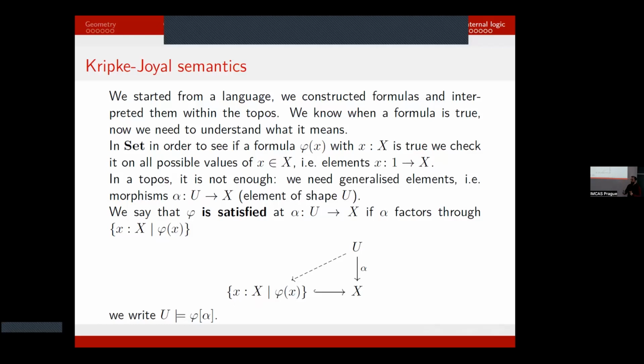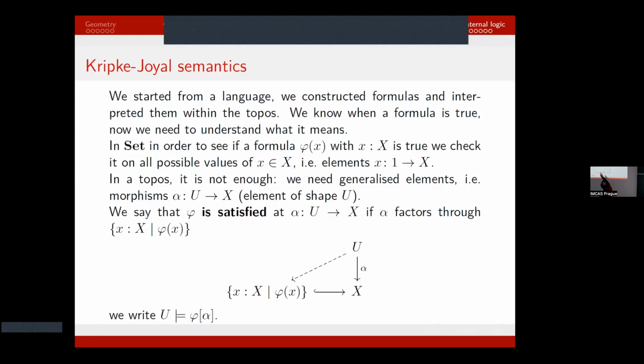So if a formula is made of other formulas, we want to know when the big formula is true. We need first to understand when the two small formulas are true, and then how to interpret the truth of them as a truth of the generic one. Okay, didn't make much sense, but we'll see if afterwards it makes more sense.